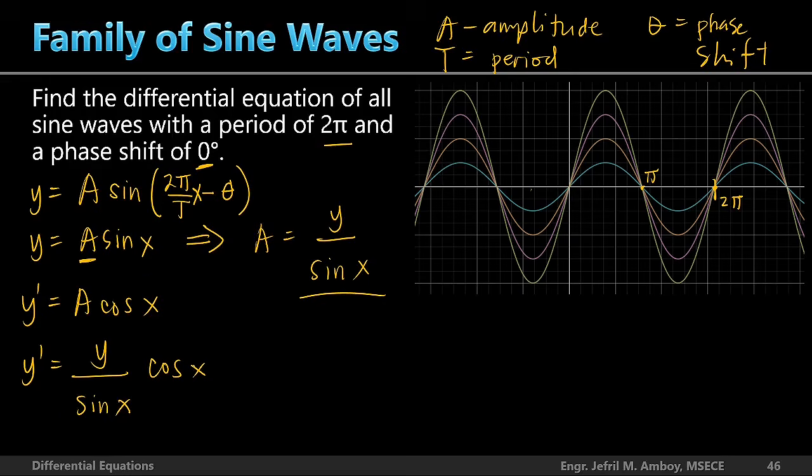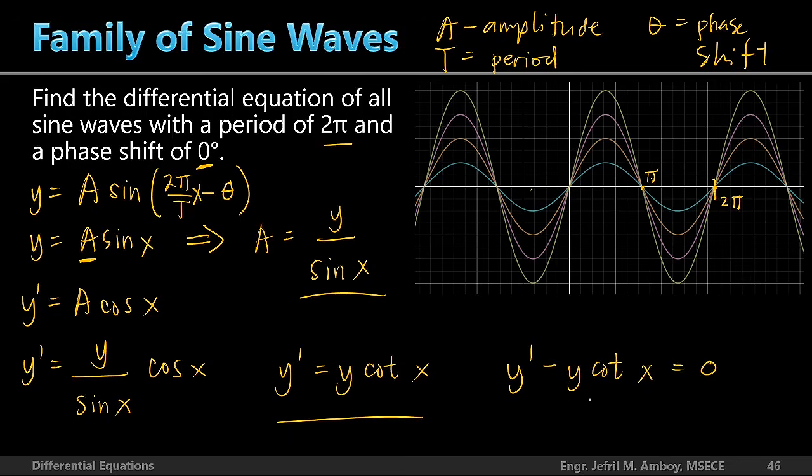How? Because cosine divided by sine is the reciprocal of tangent, and that is cotangent. So, I can write this differential equation in this form. Y prime equals y cotangent x. So, this is now my differential equation. Or I can equate that to 0. Y prime minus y cotangent of x equals 0.